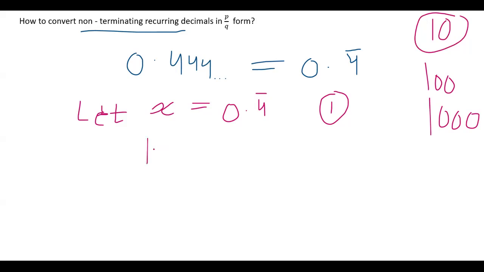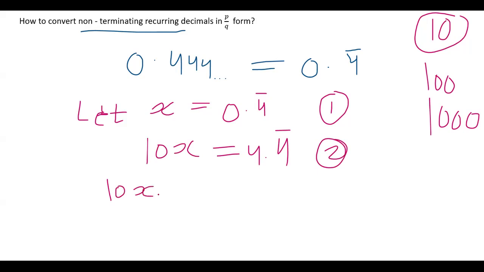So we will get 10x equal to 4.4 bar. Now we will subtract 1 from 2. So what will we get? 10x minus x equal to 4.4 bar minus 0.4 bar.